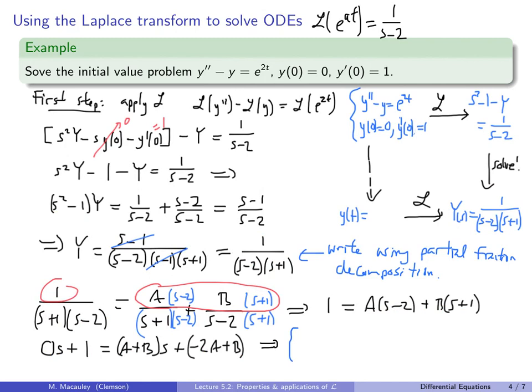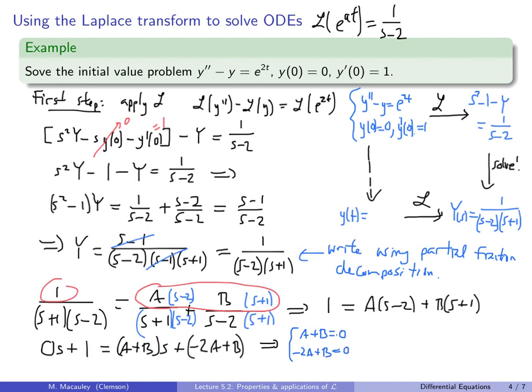Let's write that out. So we get a plus b has to equal 0. And then the other equation is that, let's write this as negative 2a plus b equals 1.